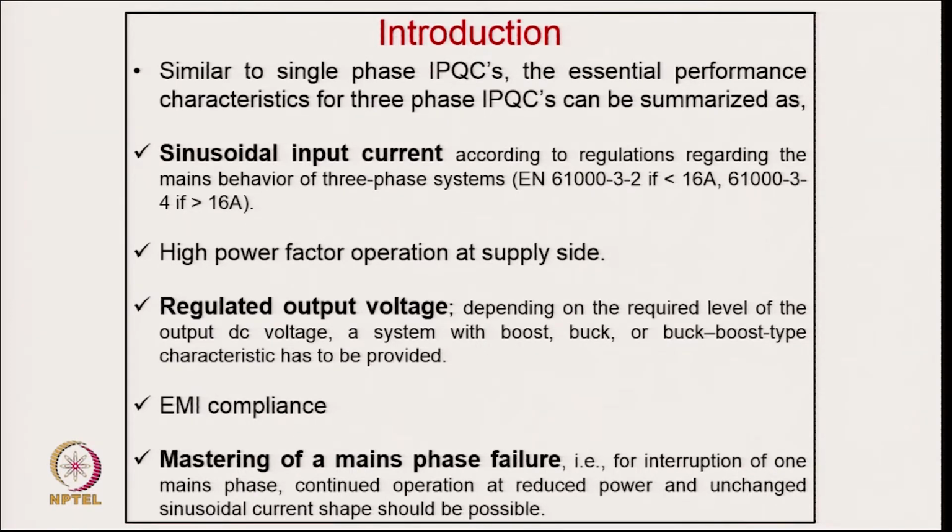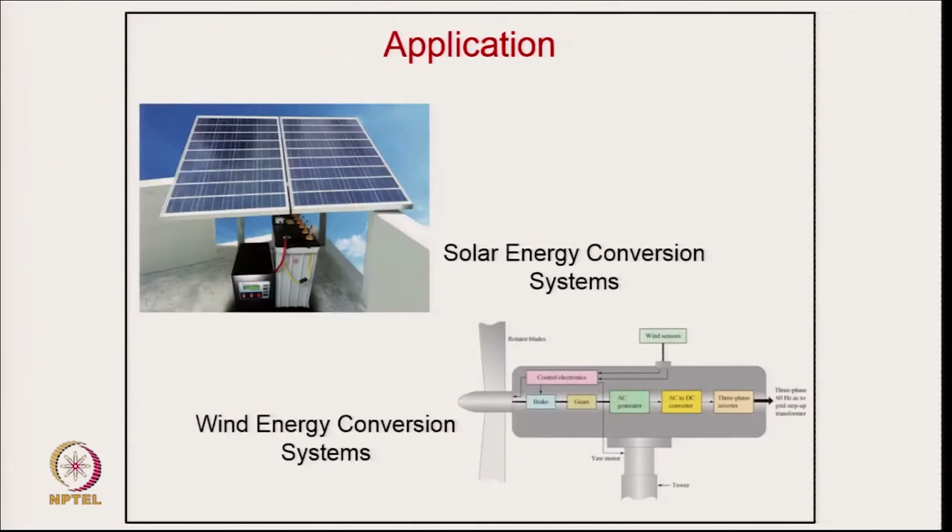Regulated output voltage depending upon the required level of output DC voltage, with boost, buck and buck-boost type characteristics, and of course EMI, electromagnetic interference, compliance. And mastering of AC mains failure, that is, for interruption of one mains phase, continued operation at reduced power or unchanged sinusoidal current shapes should be possible.